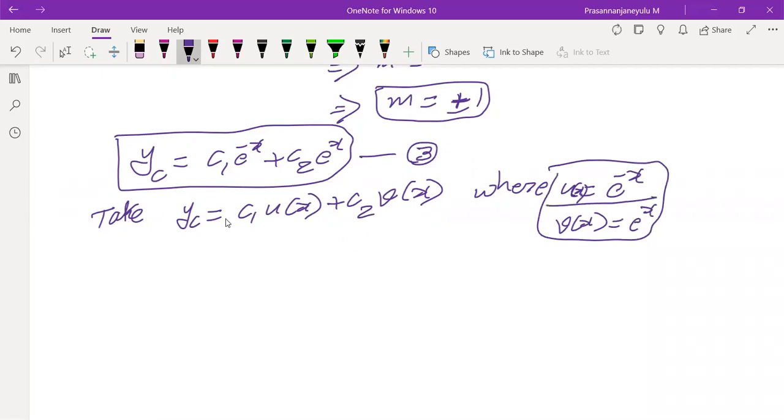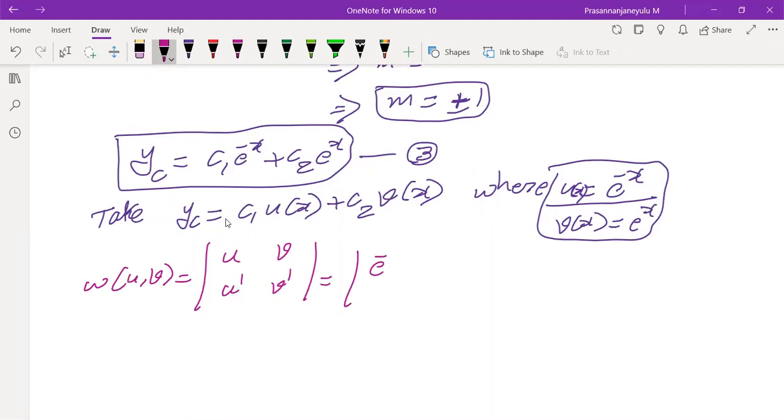Now, as we discussed, after finding u and v, immediately find the Wronskian of u comma v, W of u comma v. It is a determinant of the 2 by 2 matrix u, v, u dash and v dash. Then we'll get the determinant of, first row elements are the same as it is, e power minus x, e power x, and the second row elements: what is the differentiation of e power minus x?